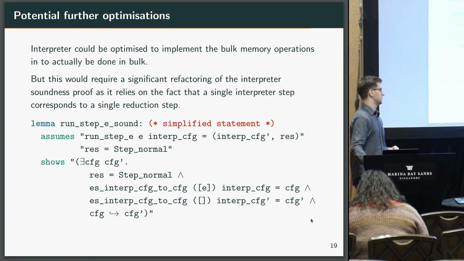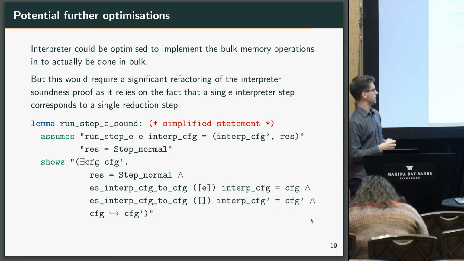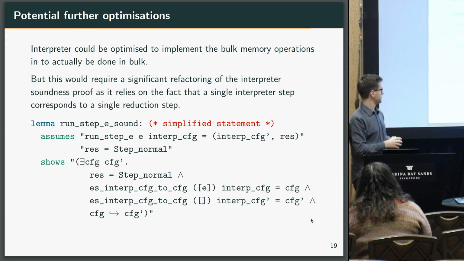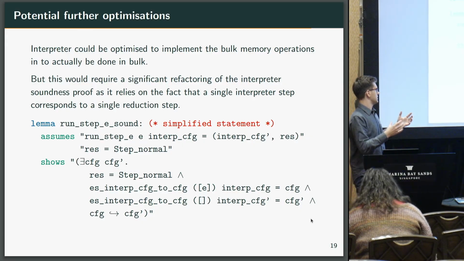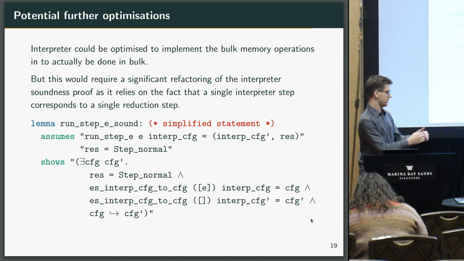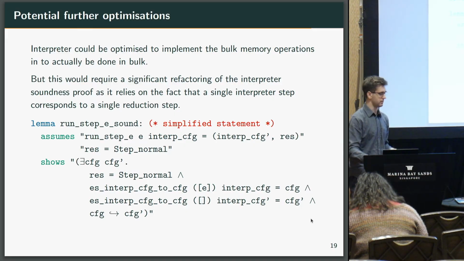But the issue is that it would require significant refactoring of the interpreter soundness proof. Right now, it heavily relies on one key lemma, and it is one of the most difficult lemmas to prove. That lemma says that a single step in the interpreter corresponds to a single reduction in the language semantics.